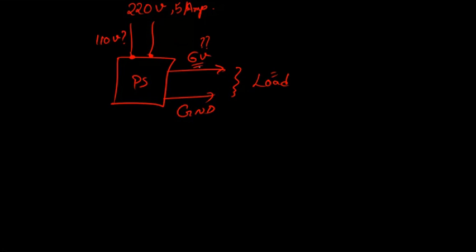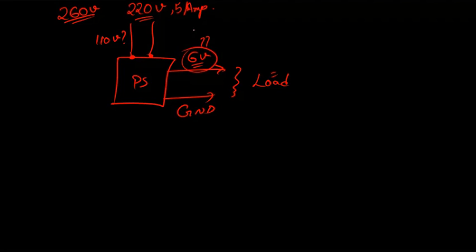Will the 6 volt remain 6 volt, or will it also decrease with respect to the voltage change? Or assume there is a sudden spike due to lightning or something, and this voltage suddenly jumped to 260 volt for a small time period. In that time period, what will be the voltage here?